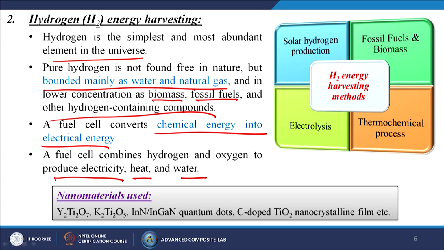Basically, we are using yttrium-based rare earth materials, like Y2Ti2O7, K2Ti2O5, titanium compounds basically, then indium nitride or indium gallium nitride quantum dots, carbon-doped titanium dioxide, and some kind of nanocrystalline film. These are the materials people are using nowadays.